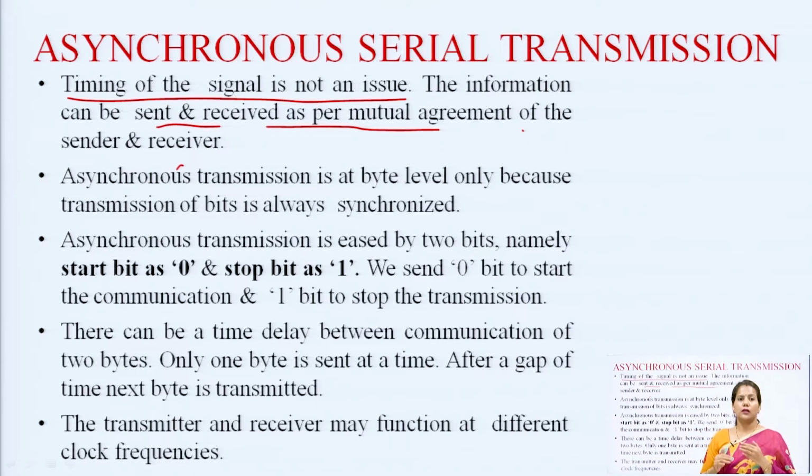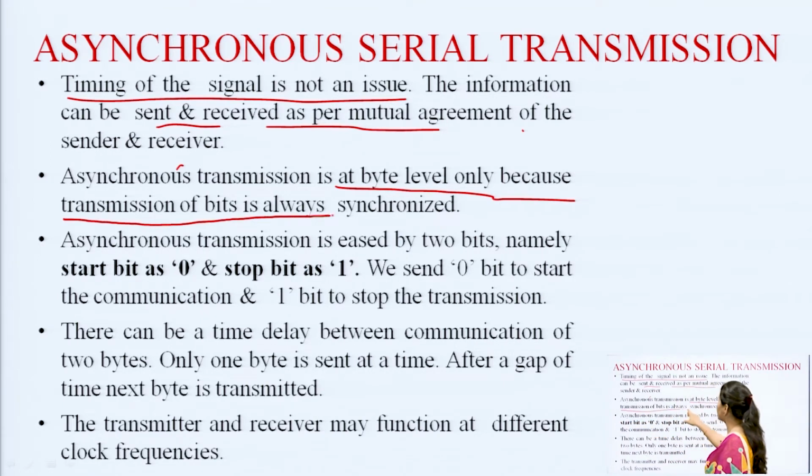So, the data transmission takes place between the sender and the receiver based on mutual consent, and that is why the data is synchronized in this way, not using the clock. Asynchronous transmission is at byte level only, because transmission of the bits is always synchronized. Within a byte the bits are synchronized among themselves, but there is no synchronization between the bytes.